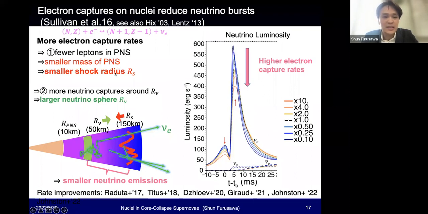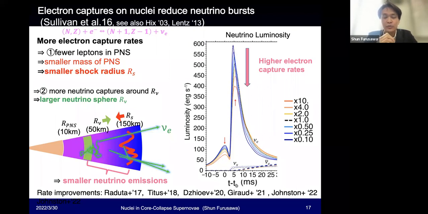I'll introduce the impact of the electron capture rate. If the electron capture rate of such heavy nuclei is high, the leptons become fewer during the core collapse phase. So huge numbers of neutrinos are emitted from the collapsing core, and the lepton degenerate pressure becomes small.